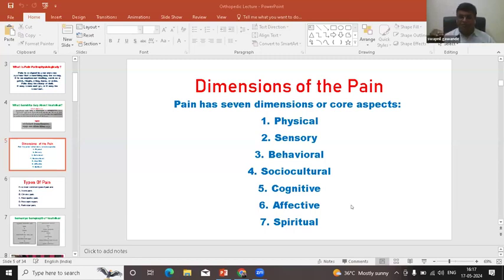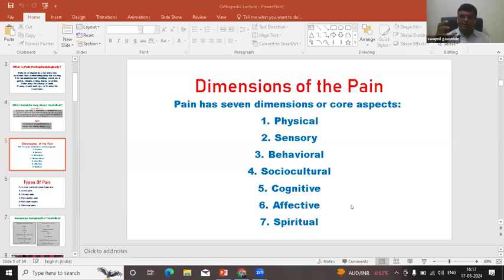Hence that pain was helping him, and this is the example of affective pain. In that way it affects your treatment and your diagnosis also. So we have to be very vigilant while treating these kinds of chronic patients.